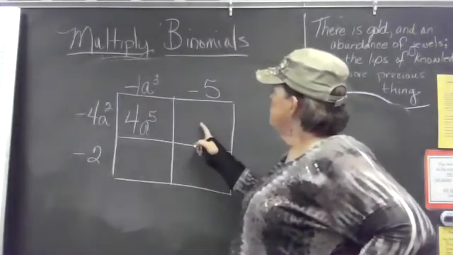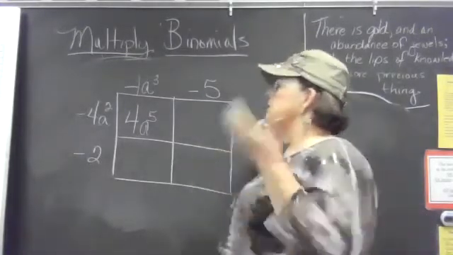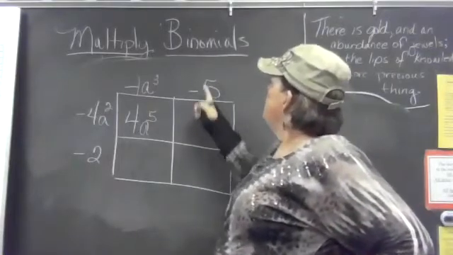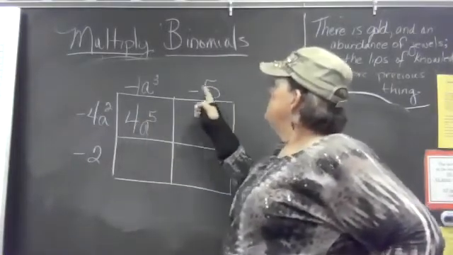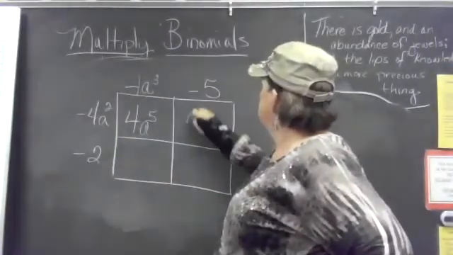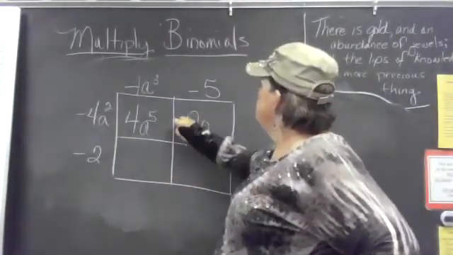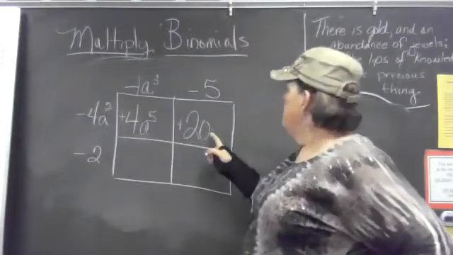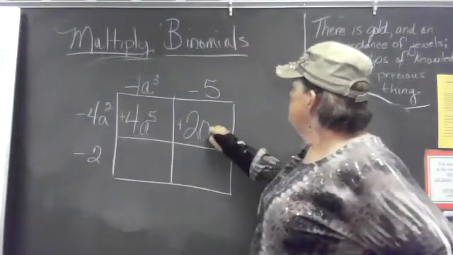Okay, to find the answer that goes here, you can find any box at any time. What goes here, you look at the top heading and the side heading. Negative 5 times negative 4 is a positive 20. And you can do this if you want to make sure you get the signs right. Positive 20, a to the what?